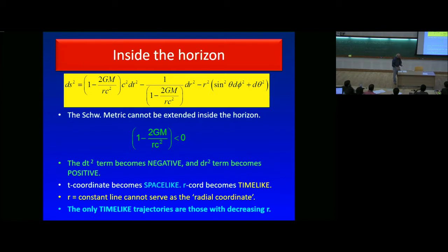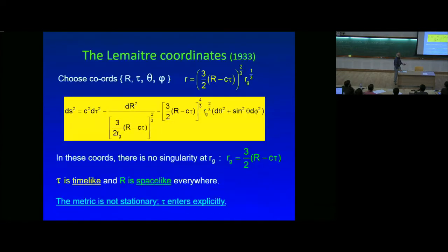So we said, let us construct a coordinate system which is attached to a freely falling material particle. You could also do it for photons, as Eddington did, but we stuck to material particles. And that was done by Lemaitre in 1933. The choice of coordinates he made is that for time, he will use the proper time of the free-falling particle.